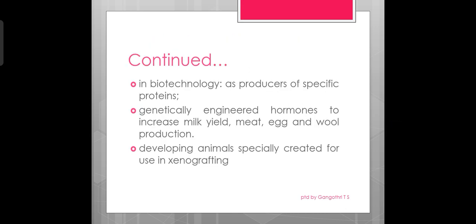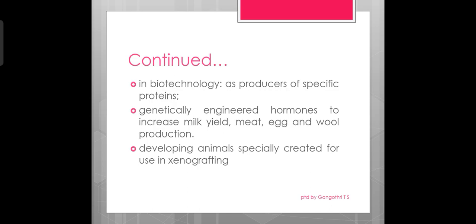In biotechnology, transgenic animals serve as producers of specific proteins, and genetically engineered hormones are used to increase milk yield, meat, egg, and wool production.